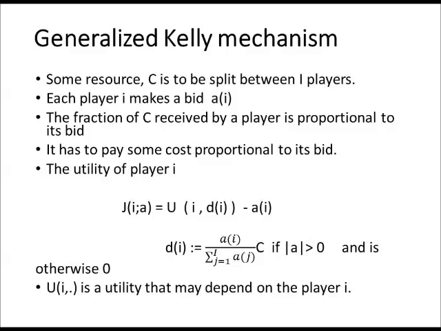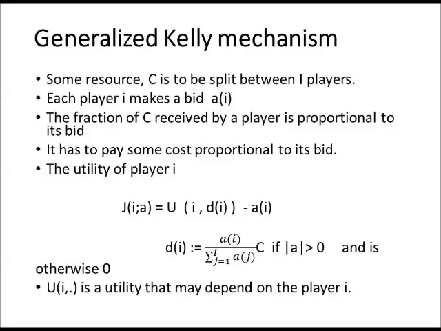It receives an amount which is proportional to its bid. It receives d_i, which is defined below, as a_i divided by the sum of a_j over all j, times C. So what it receives is just proportional to its bid divided by the sum of bids of everybody, if at least one had a positive bid, otherwise everyone gets 0.